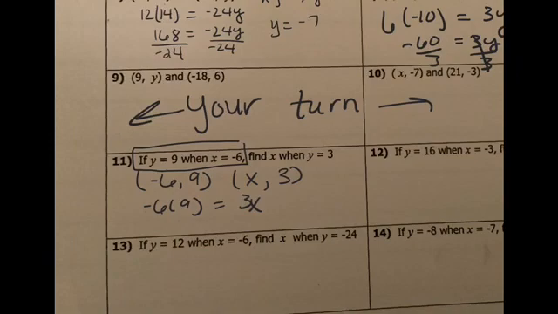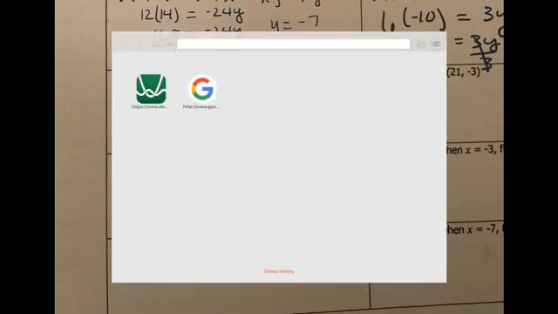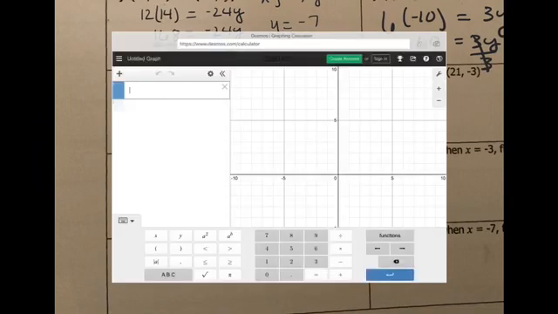So let's go over to Desmos. And we want to set up the one we were just doing, which was number 11. So we have 9 times -6 equals 3x.